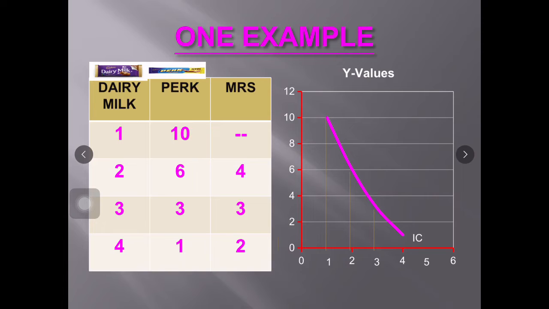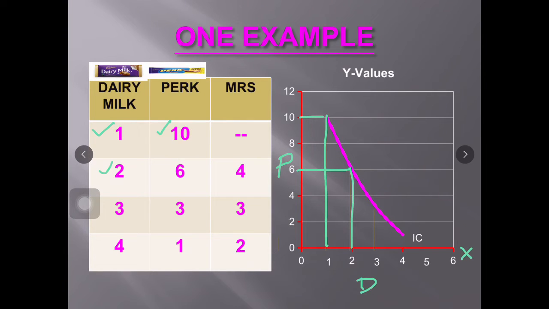Now let's learn how to draw an indifference curve with the help of this schedule. In this schedule, when the number of units of dairy milk is 1, the number of units of pork is 10. So there is a combination 1 and 10. Again, when the units of dairy milk is 2, then the number of pork is 6, and so on.